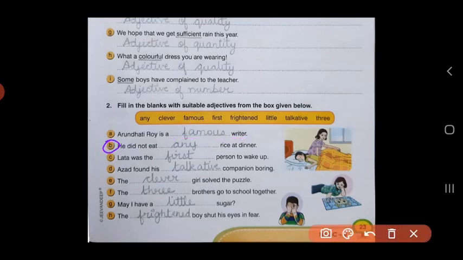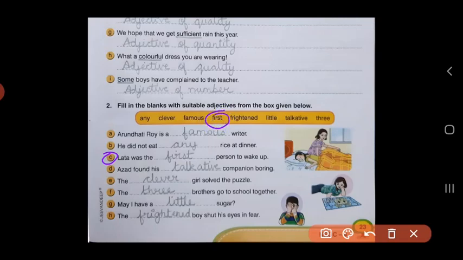B. He did not eat dash rice at dinner. Rice cannot be counted. The adjective over here will be any. He did not eat any rice at dinner. C. Lata was the dash person to wake up. Here they are talking about the order.